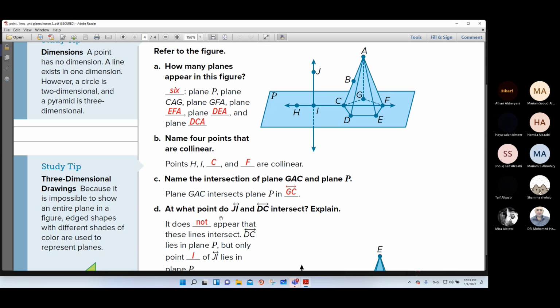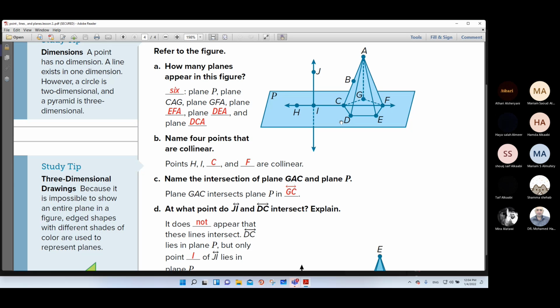At what point do GI and DC intersect? Where is GI? This is GI. And where is DC? This is DC. Do DC and GI have a common point?